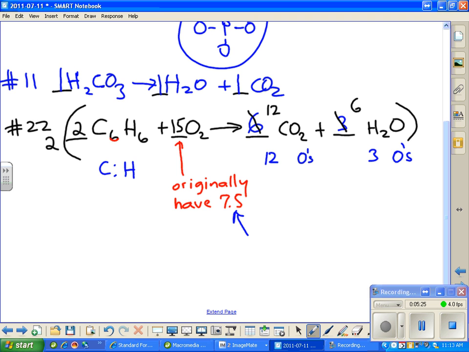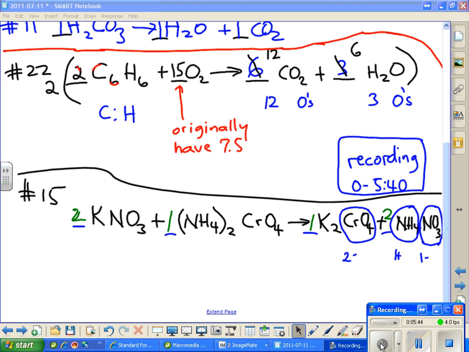And that means that this guy right here was a 1, and now it's 2. This guy here was a 6, and now it's 12. This guy here was a 3, and he becomes a 6 now. All right? Okay, this is the balanced equation for number 15.